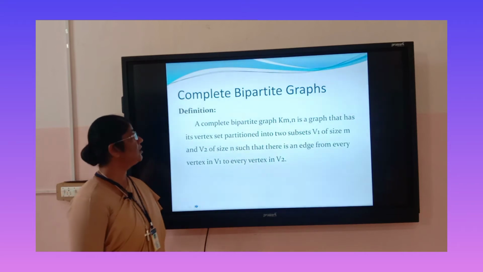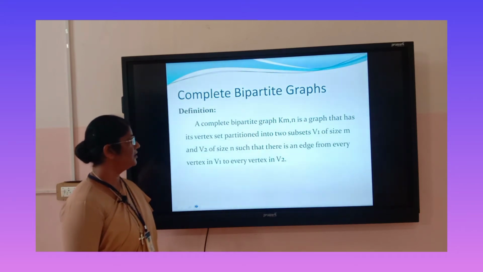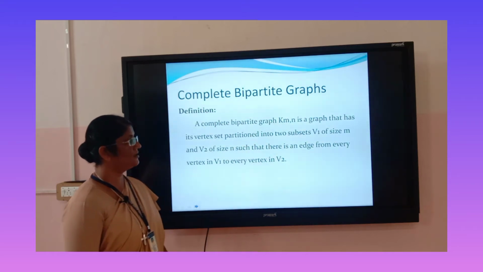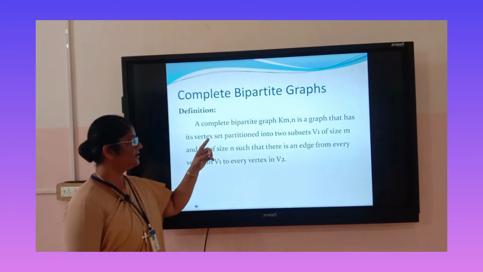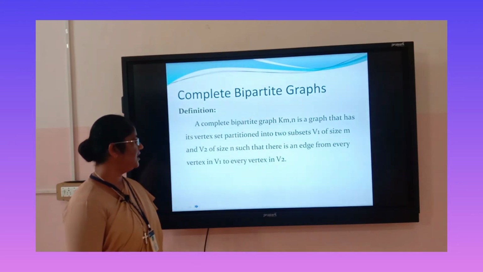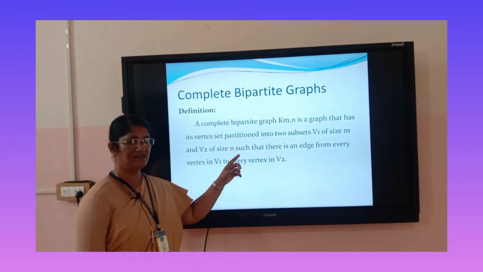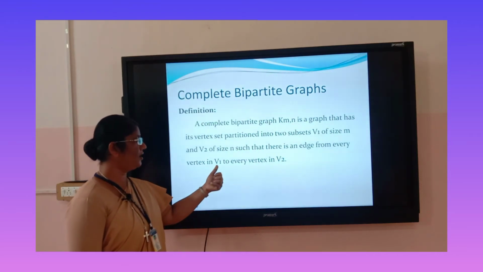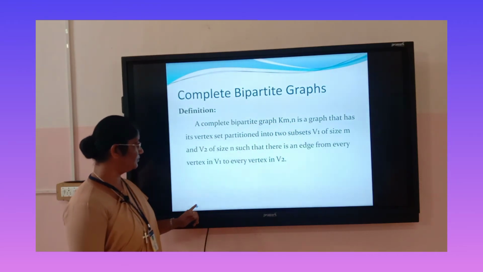Next, the definition of complete bipartite graph. A complete bipartite graph K(m,n) is a graph that has its vertex set partitioned into two subsets V1 of size m and V2 of size n, such that there is an edge from every vertex in V1 to every vertex in V2.